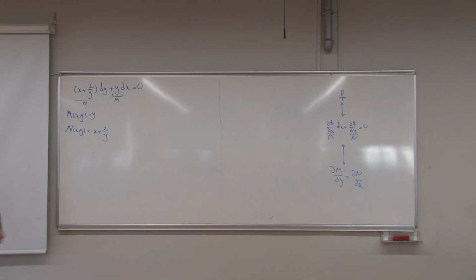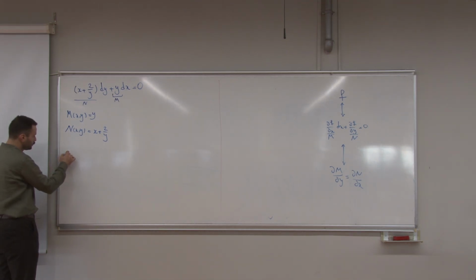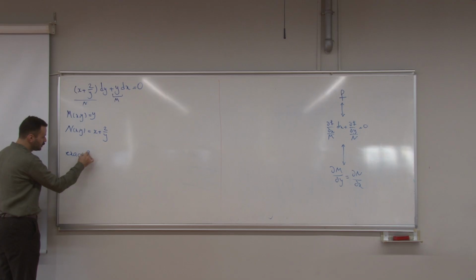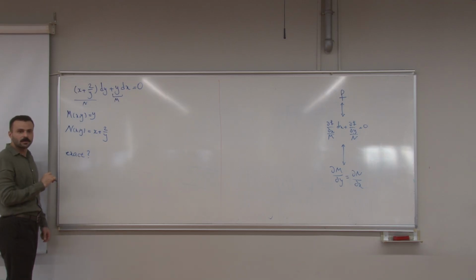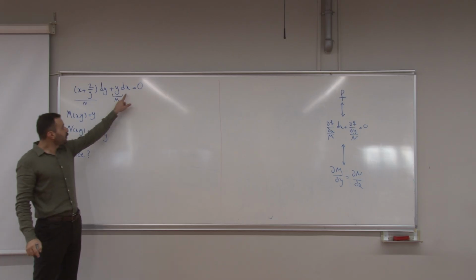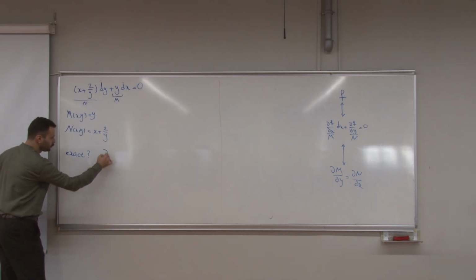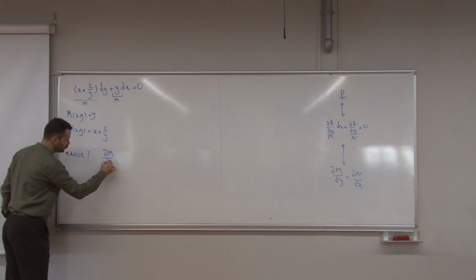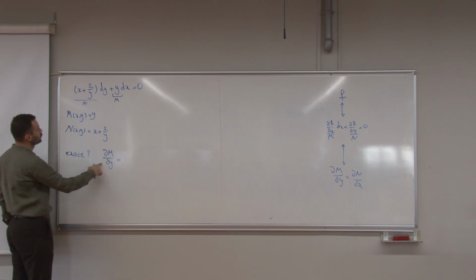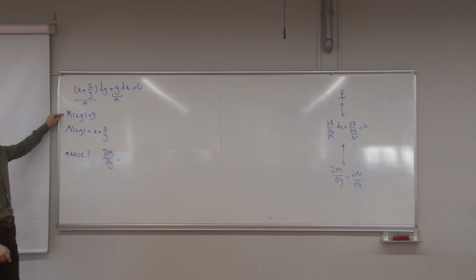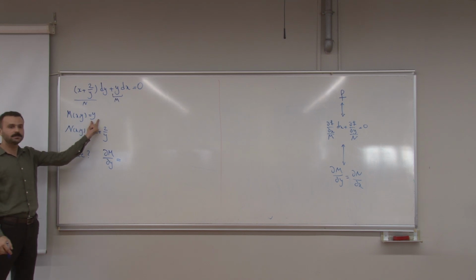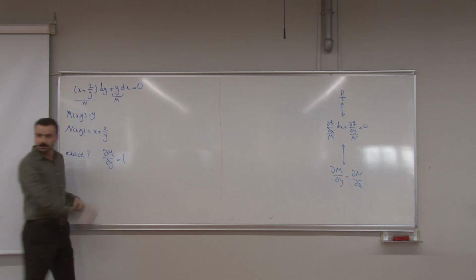Okay? I need to check if this is exact or not. So the question is this. If it is exact or not, what should I do? I need to check the partial derivative of the coefficient of dx with respect to y. And what is this? If you take the partial derivative of y with respect to y, what are we going to get? 1.